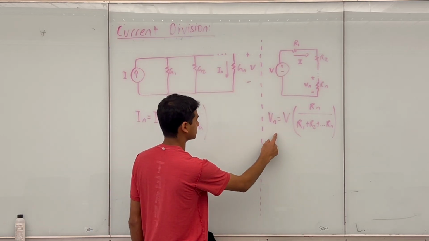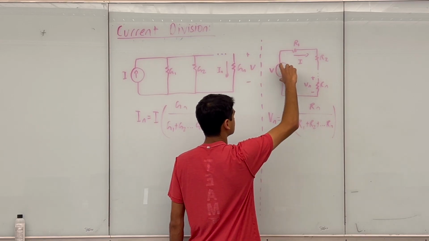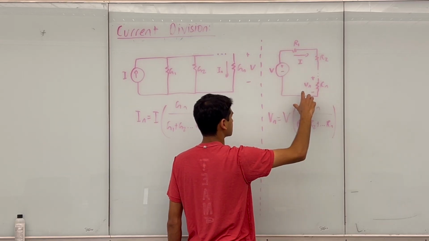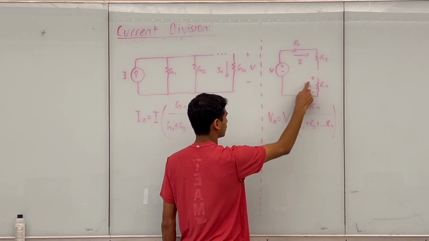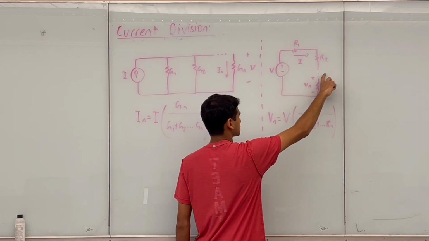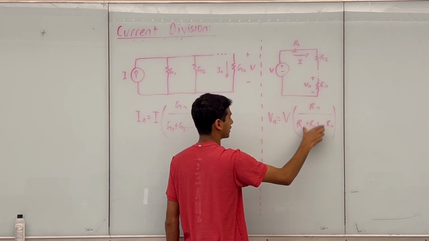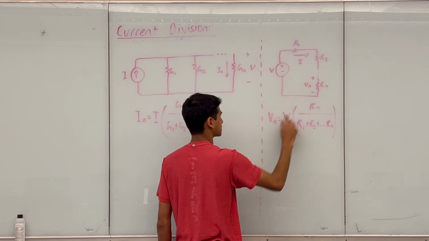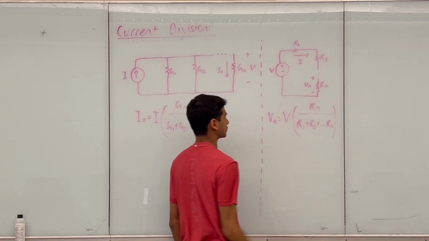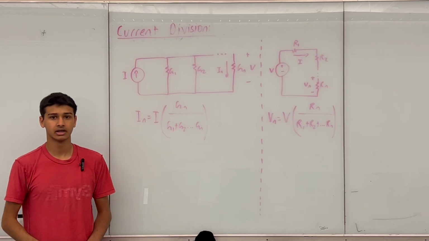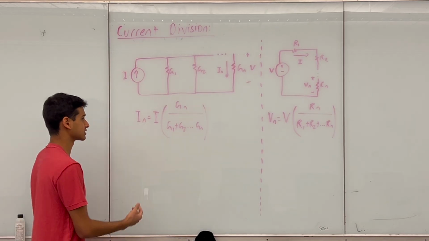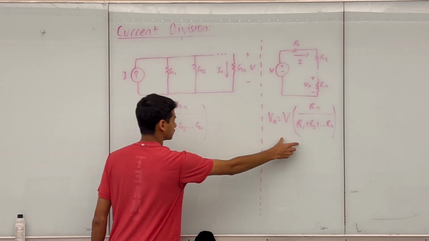And for voltage division, all you do is look at the voltage that's across all of the resistors, V, and then multiply that by Rn, which is the resistor you're looking at, divided by all the resistors in series, and that's just to find Vn, which is the voltage across the resistor you're looking for. And one thing you can notice is that there's a lot of similarities between these two formulas.